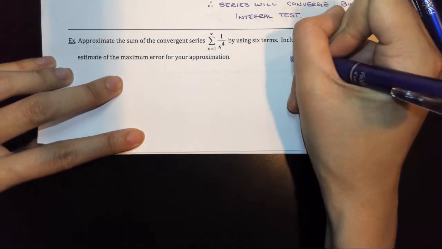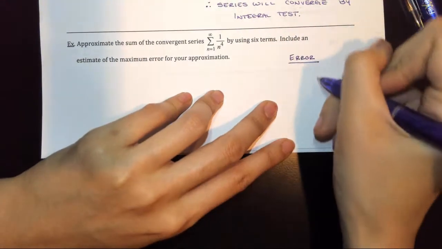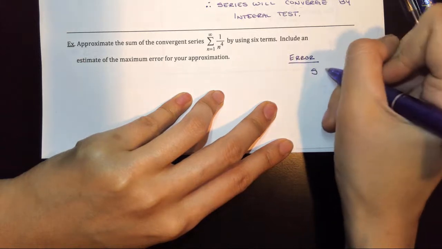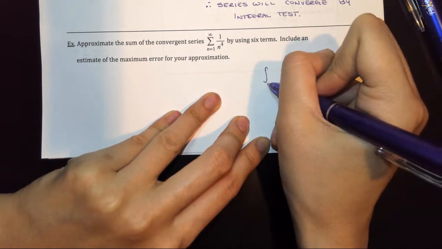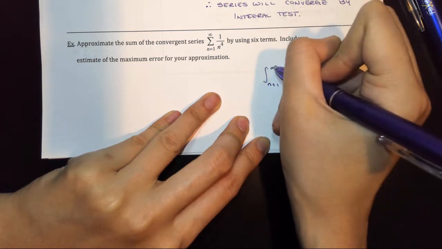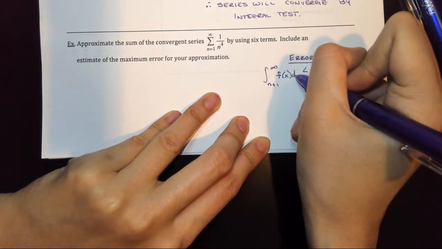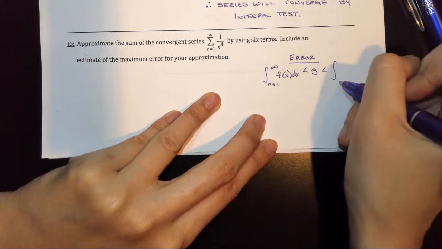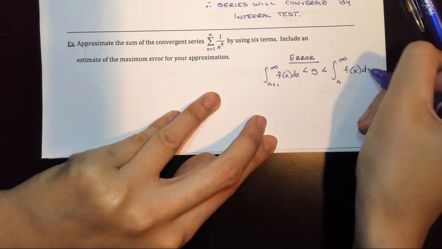So the error in a series estimation, your actual series will be in between these two values, the integral from n plus 1 to infinity of f of x dx to the integral from n to infinity of f of x dx.